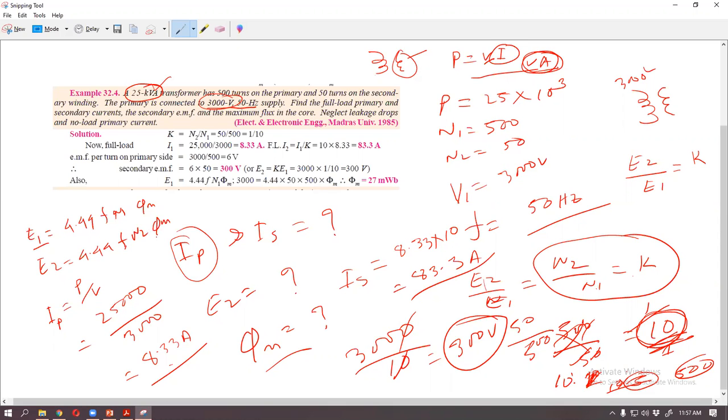So phi is equal to E2 divided by this, or E1 divided by this. Clear? Any one apply for your maximum flux. All clear? Yes, sir.